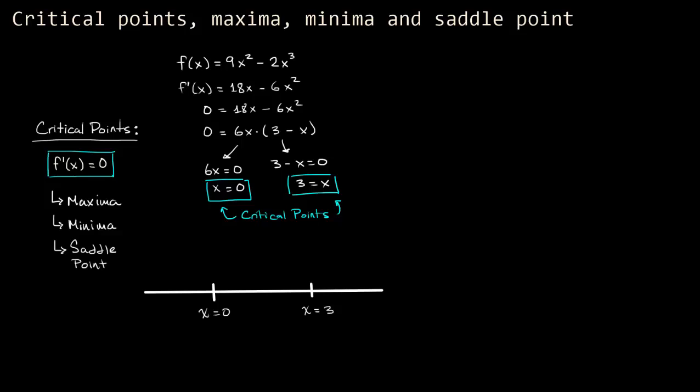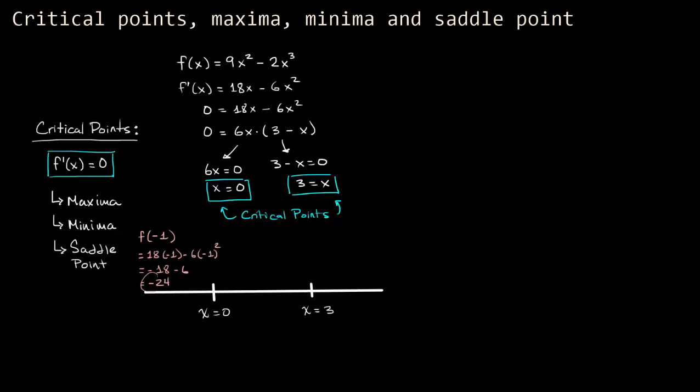I'm going to pick a value for testing in the derivative before x equal to 0. Let's say I pick x equal to -1. I'm just going to substitute the -1 into that derivative, and we get -18 minus 6, which is -24.